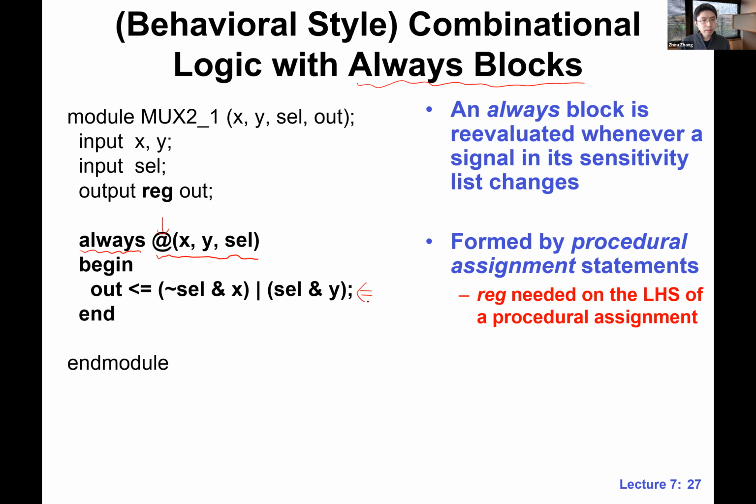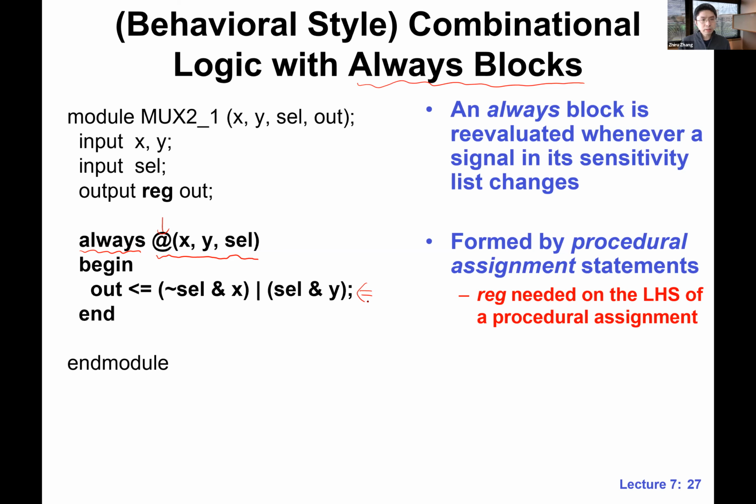The semantic says that if any of the inputs on this list changes value during simulation, the statements inside the always block will be triggered, will be running. So basically statements inside the always block will be sensitive to the changes of the signals specified in this list. That's why it's called sensitivity list.